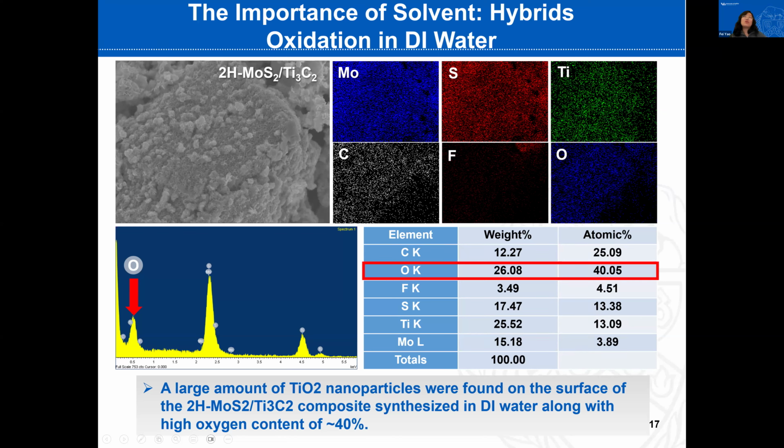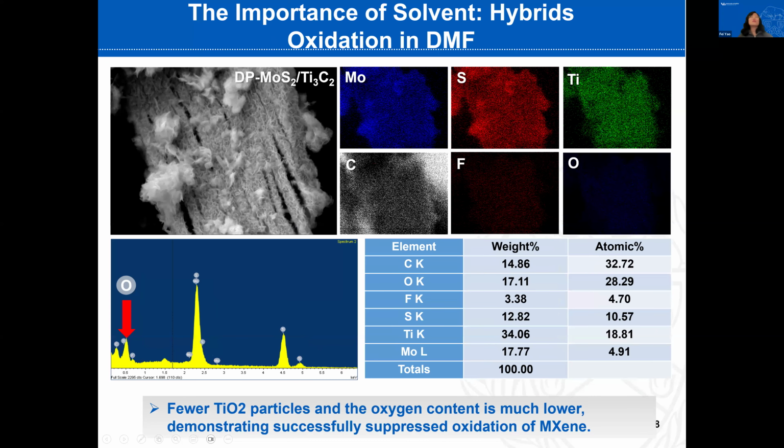But if we switch to the bisolvent, which consists of the DMF, we found the titanium oxide nanoparticle actually only a few, and also the oxygen content is much lower compared to the DI synthesized material, which is around 28%. So this is highlighting the importance of wisely choosing the solvent for the synthesis.